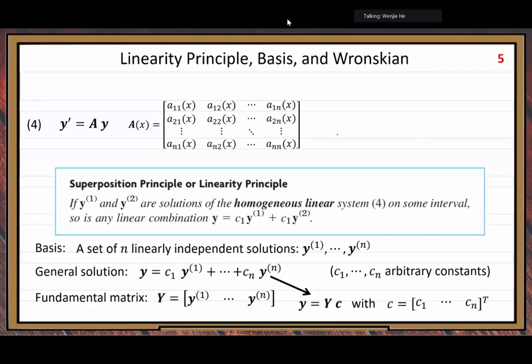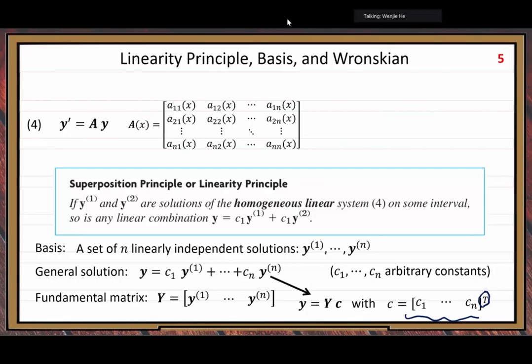Here, because I want to save space, I use the row vector, but I do a transpose. The T at the corner means transpose of this vector. So we make it a column. When we do the transpose operation, we change the row vector to a column vector.